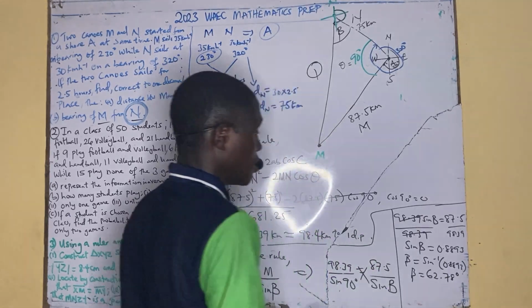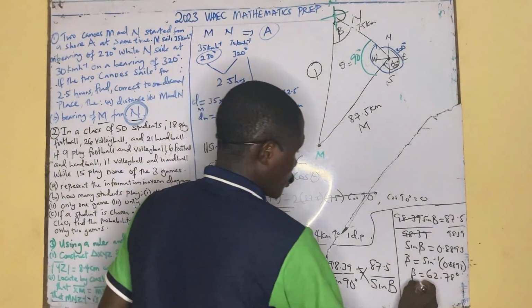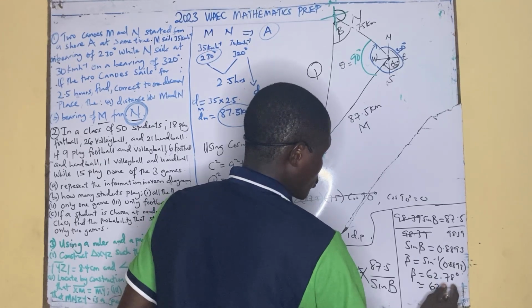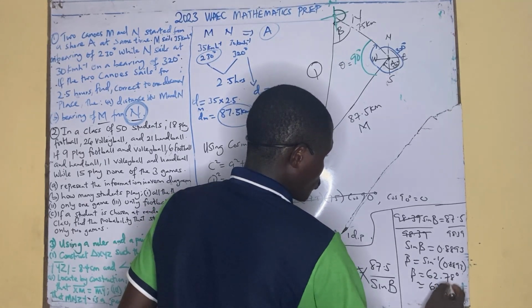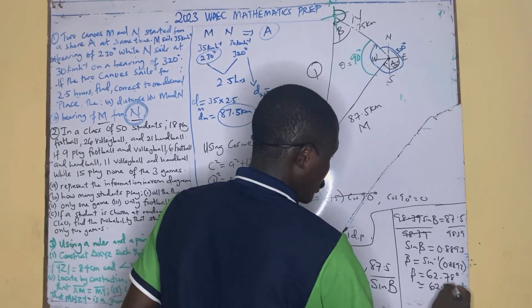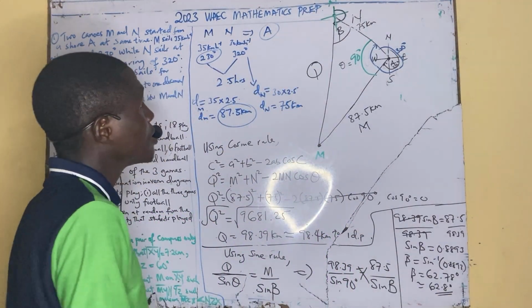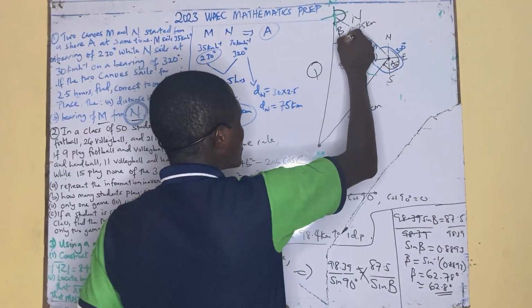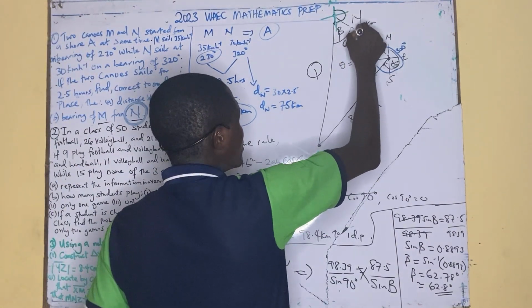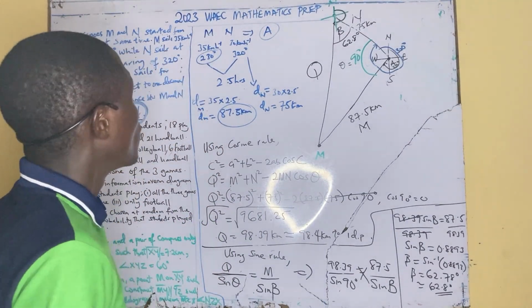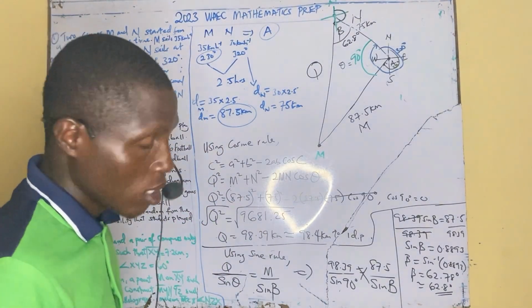degrees. Now, you can take it to 2 decimal places. It is 62.78 degrees. To 1 decimal place is going to be what? It's 62.8 degrees. So angle beta is 62.8 degrees, approximately to 1 decimal place. Now with this you can get your bearing.